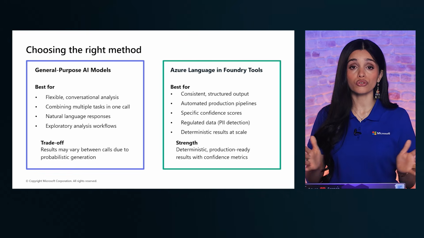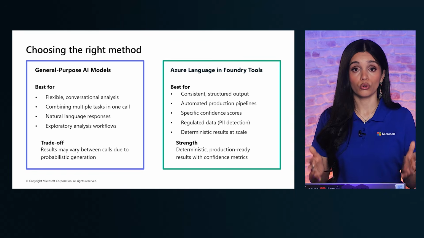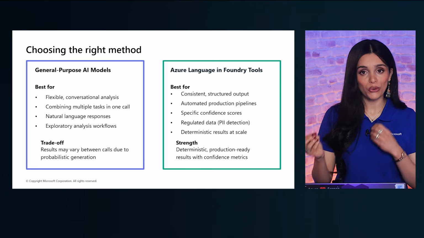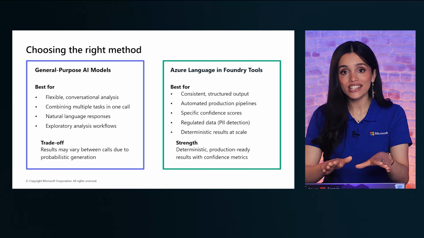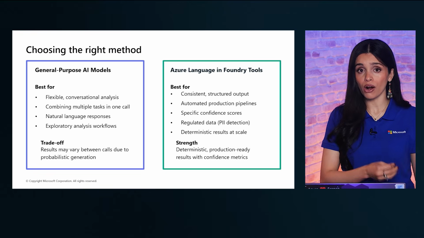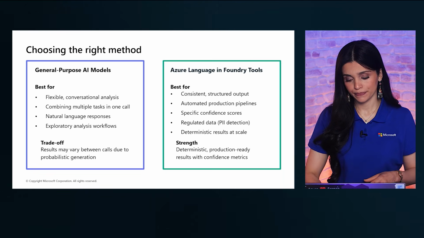The goal isn't to choose one forever, but to choose the right tool for the job. Foundry gives you both options in one platform, making it easier for you to build text analysis solutions that are not only powerful, but also reliable and production-ready.